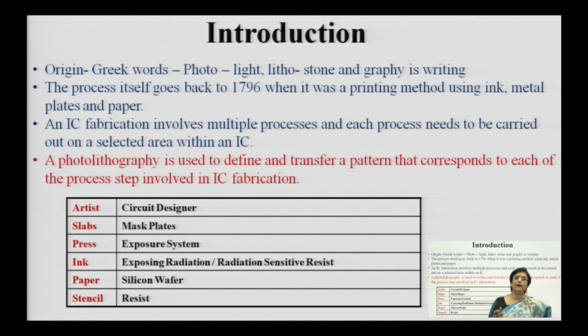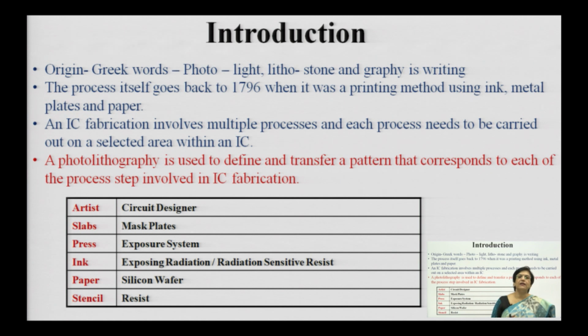To fabricate them, you have different processes involved. Now, how are those areas isolated, how are those areas selected, and how are selective tasks carried out within those specific areas? This exactly is the need, or the role, played by photolithography.